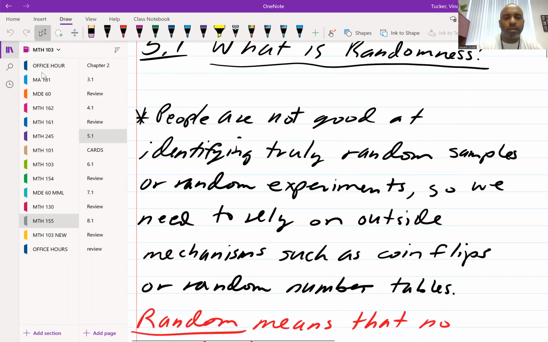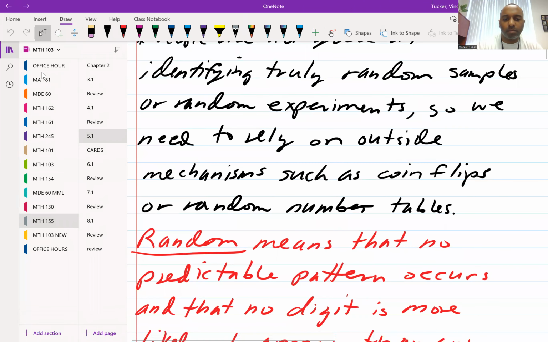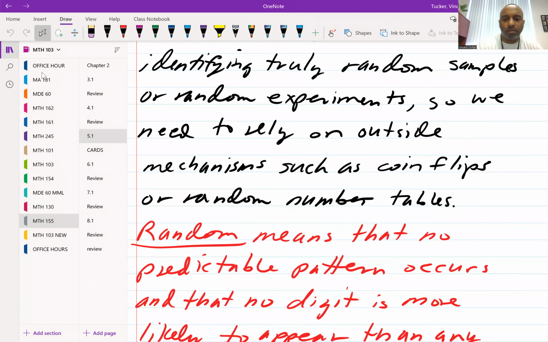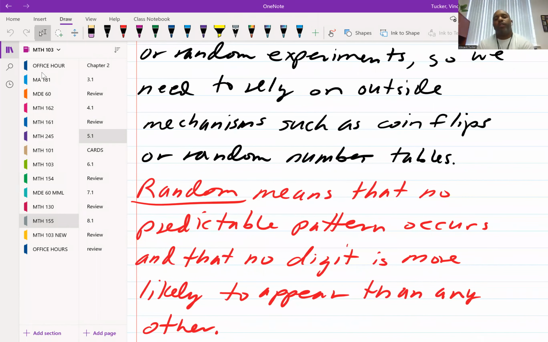All right, scrolling up some. Okay, so random means that no predictable pattern occurs and that no digit is more likely to appear than any other.